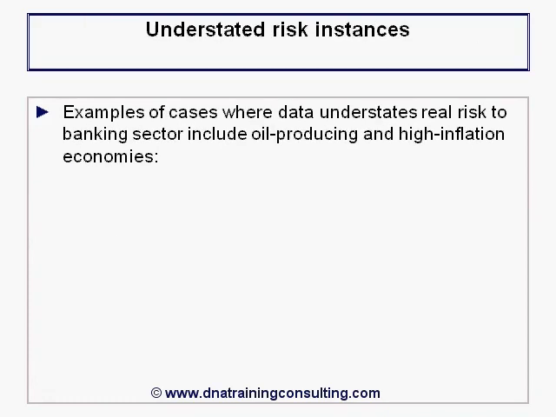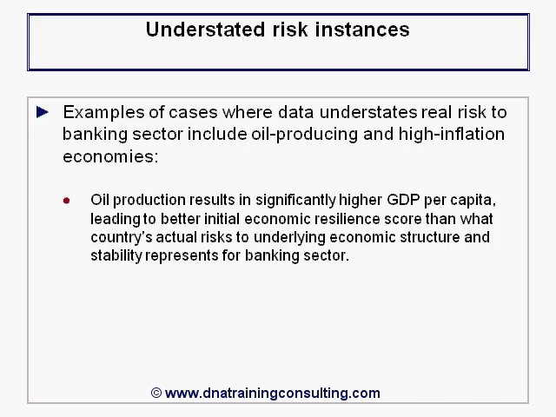Examples of cases where data could understate the real risk to the banking sector are oil-producing or high-inflation economies. Oil production may result in significantly higher GDP per capita, leading to a lower initial economic resilience score than what the country's actual risks to the underlying economic structure and stability would represent for the banking sector.